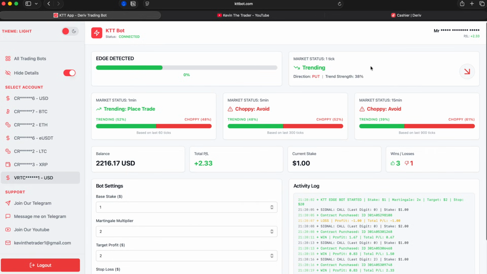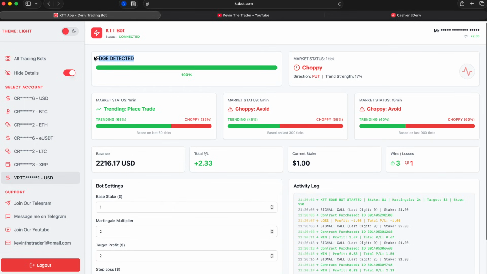Because I've been getting this question a lot, that what time should we trade, and such like questions. It's not about the time, it's about the market condition. The market condition is in front of you. So first of all, when you want to trade, make sure the edge is detected, right?